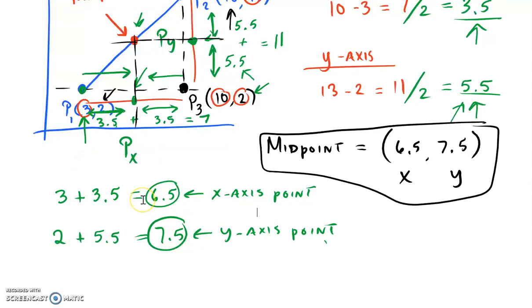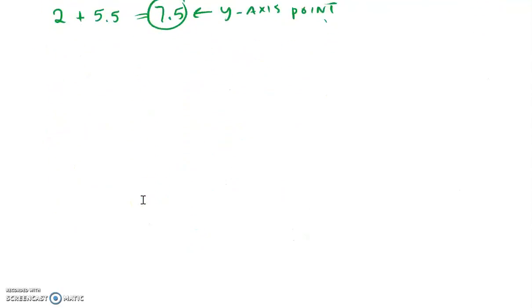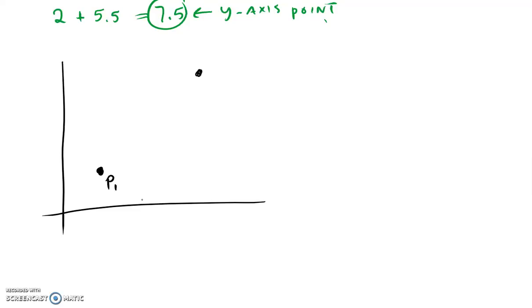Okay, so let's go ahead and do that example again using the midpoint formula. That'll be our P1, and this will be our P2.